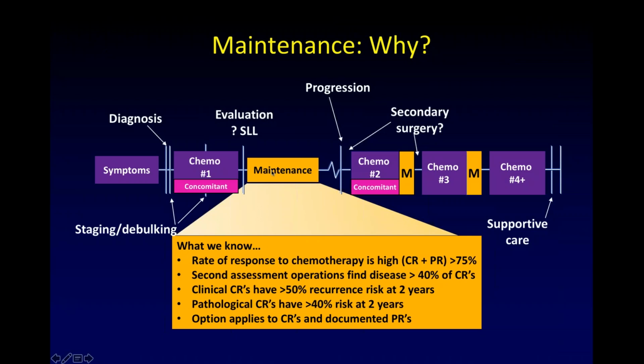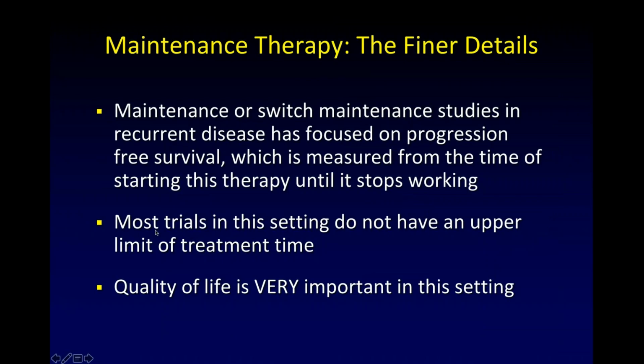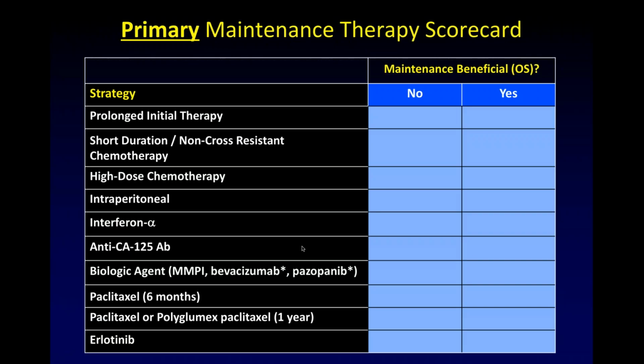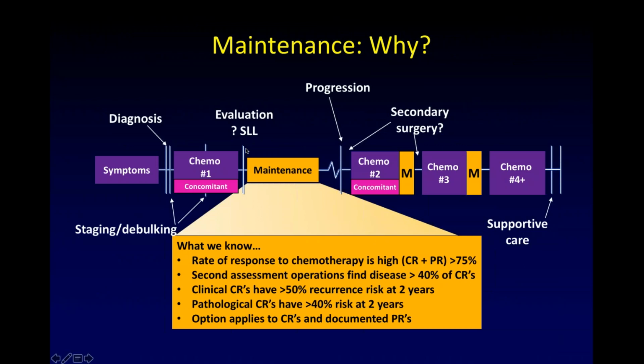Now, one thing I'll mention is that we do have somewhat of a concern about treating patients who might already be cured with something that they don't need. What I mean by that is that when patients present, let's say here, after their first chemotherapy, we don't know whether or not that tumor is ever going to come back.